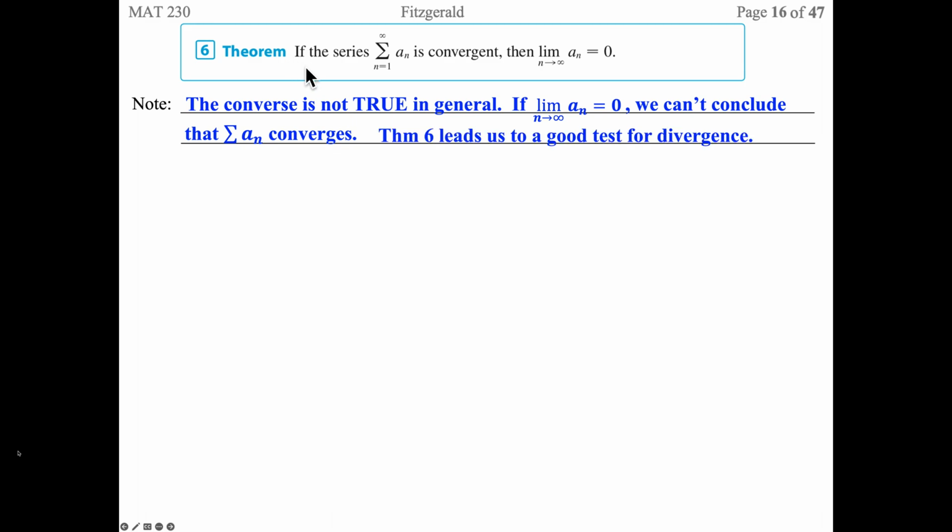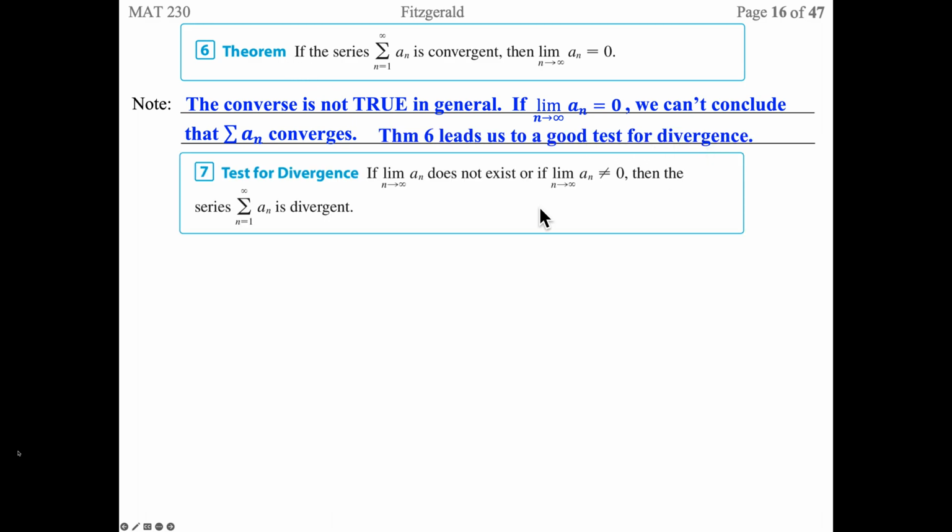So this theorem here is going to lead us to a good test for divergence. So theorem 7, if you will, the test for divergence. If the limit as n approaches infinity of a sub n does not exist, or if the limit of a sub n is not equal to 0, then the series is divergent.